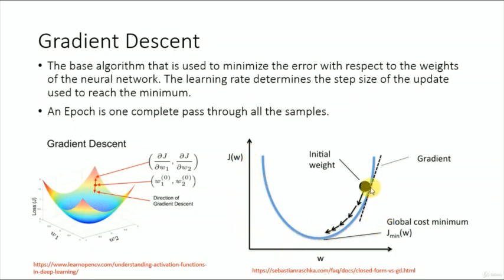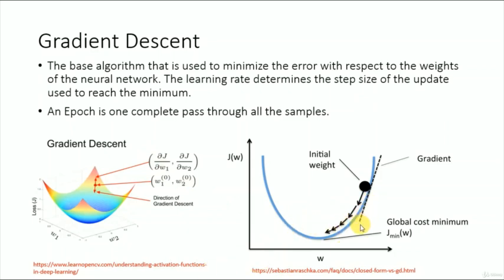You can think of it as a ball that's rolling down, and you're calculating the slope. Then you're moving in the opposite direction of the slope. Remember, in backpropagation we had this term, the differentiation of the error with respect to the weight, as a negative term. So we're moving in the opposite direction of the derivative.